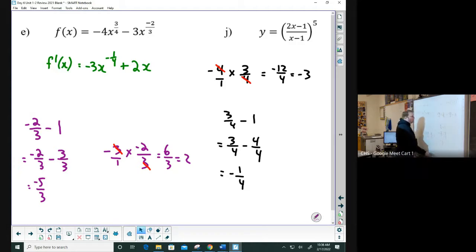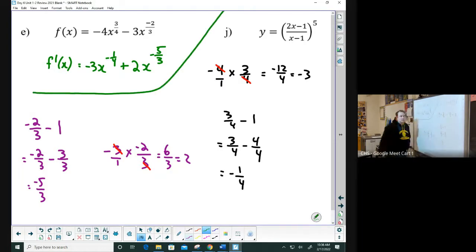And so this becomes -5/3. And all of this stuff here is probably scrap paper off to the side, and you will have scrap paper when we're doing this. And I think, again, I leave it as that, and so we're fine.